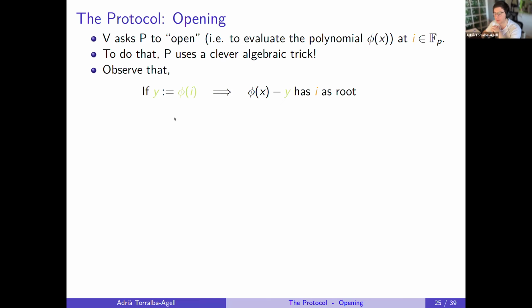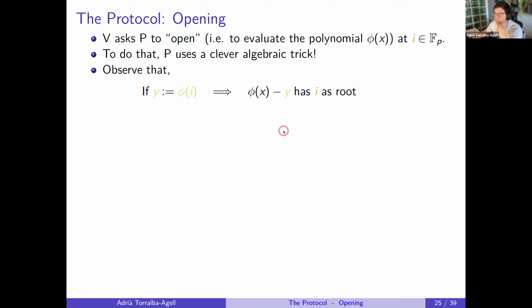So if I have a polynomial phi of x and I've been given an opening request i, and I evaluate y as the evaluation of phi at this point, then this new polynomial phi of x minus y has i as a root.